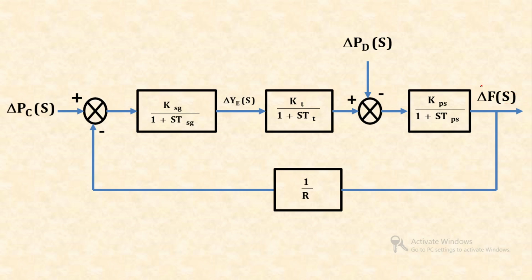Now if we want to find the value of delta f of s, then we have to solve this block diagram. That means we have to do the block diagram reduction. This is a special case of block diagram reduction, because generally the block diagram has one input and one output, that means a single input single output system.